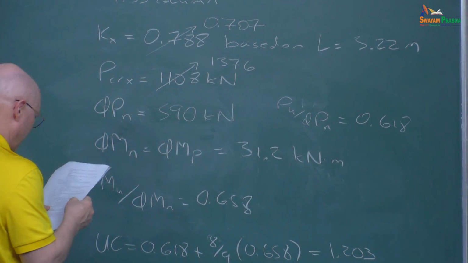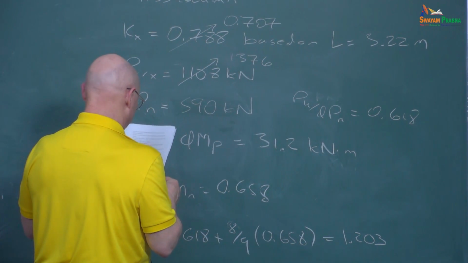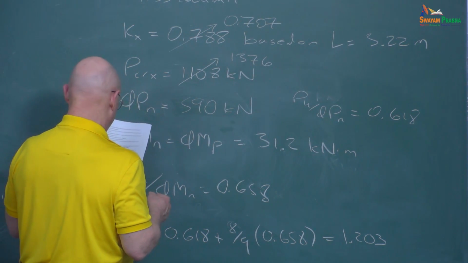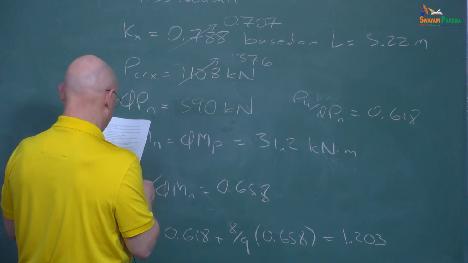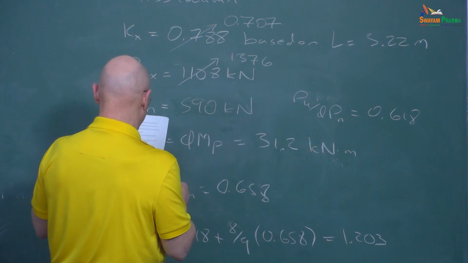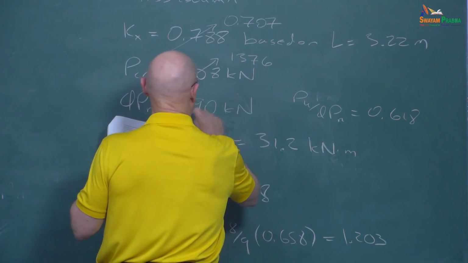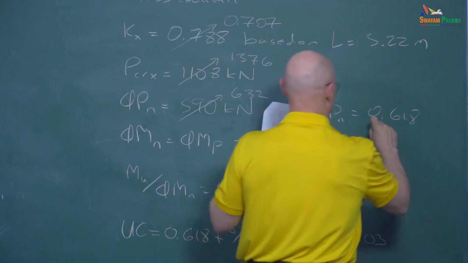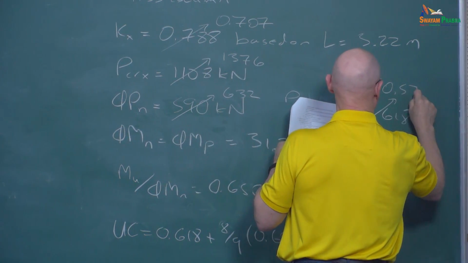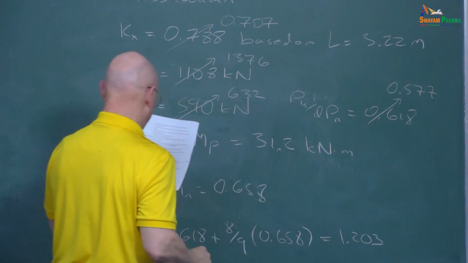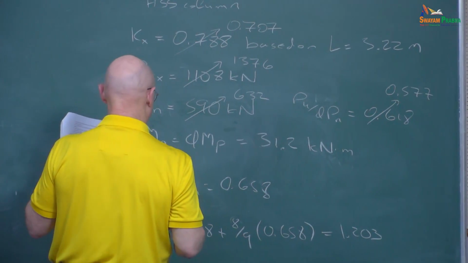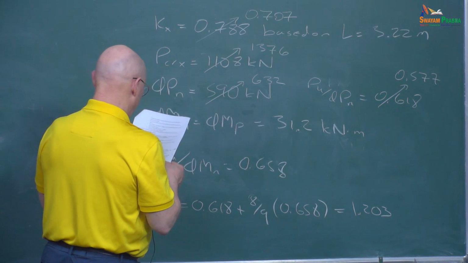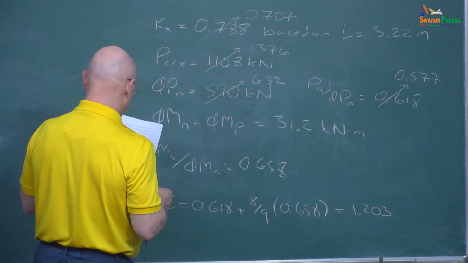So now with this change, where we've got this simplistic modeling of the base conditions, this becomes 632. This becomes 0.577. And the VMN is still VMP, but the moment decreased a bit.